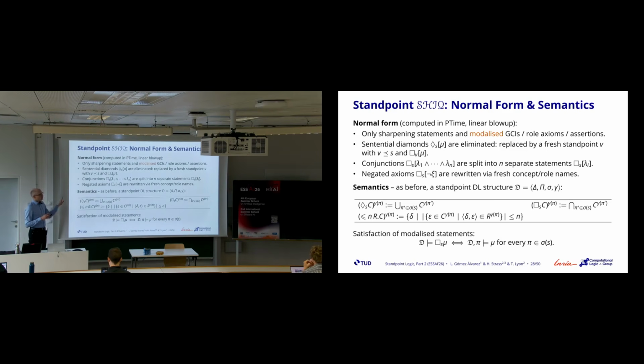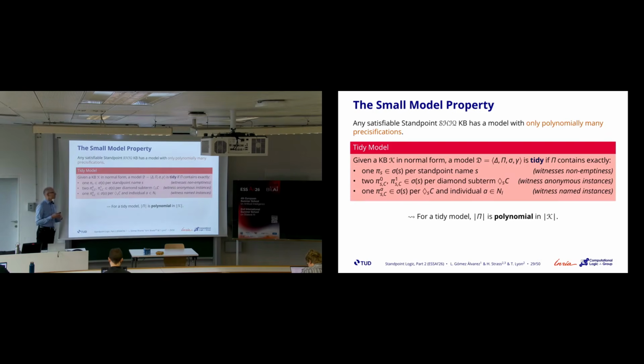Then we have seen that knowledge bases are transformed into a certain normal form simply for technical reasons, to be able to treat them more easily. Right? So there are still many case distinctions to look at, but with normalizing we can decrease the number. And then we have stopped here where I said for standpoint SHIQ, we also have a small model property, albeit it is of a slightly different nature than the one we had for sentential first order standpoint logic.